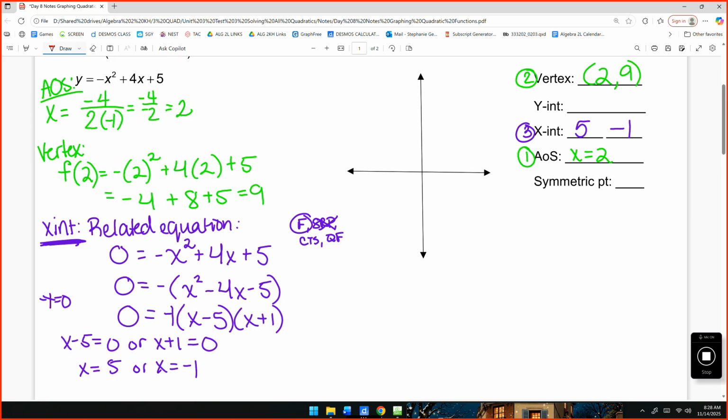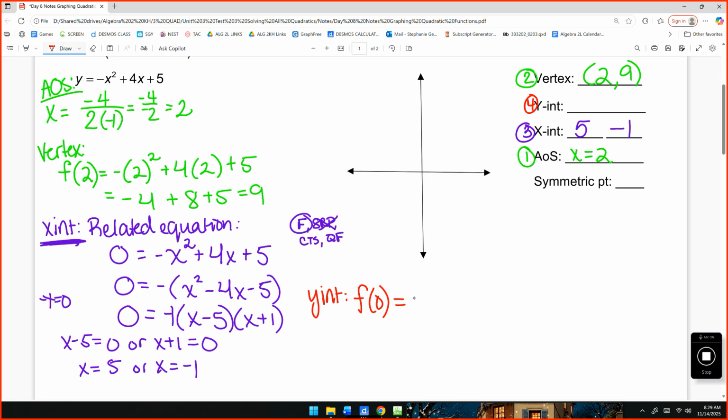Okay, now y-intercept. If an x-intercept is where y is 0, then a y-intercept must be where x is 0, right? So we're just going to plug in 0 for x, or in other words, evaluate the function when we replace x with 0.